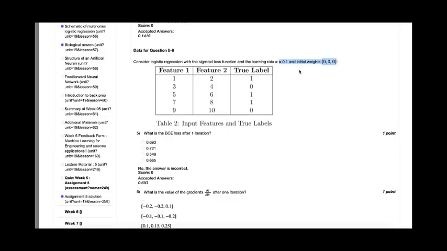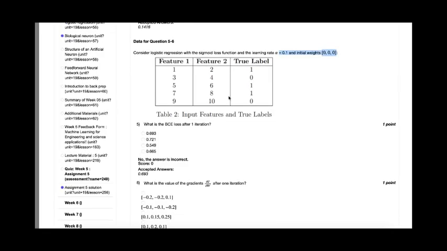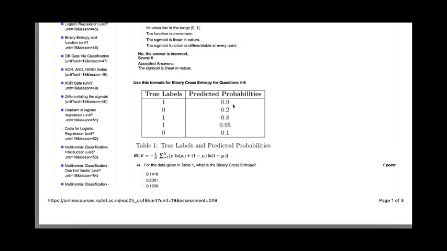So you just have to calculate 0 into 0, 0 into 1, 2 into 0. That is your Z value. And then you find sigmoid of Z. So sigmoid of Z is 0.5. So you will get the y hat as 0.5 and the true label as 1. Then once you have the y hat, it is similar to the predicted probability, and then you can find it.